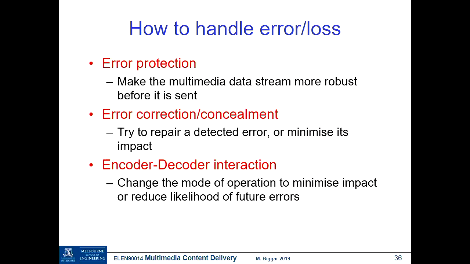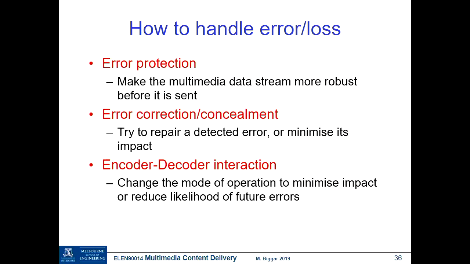We could also, if we're encoding and transmitting on the fly, if it's not pre-encoded, have some interaction between the encoder and the decoder to try to minimize the impact of errors. And we'll talk about what that means as well. But you can imagine, perhaps, if we were having a teleconference, the video and audio is encoded live.